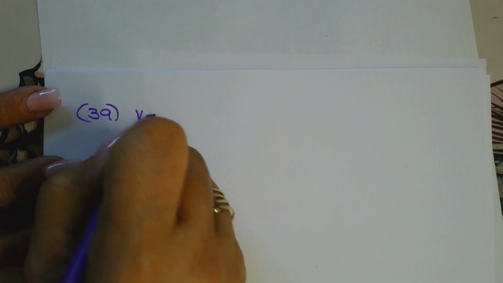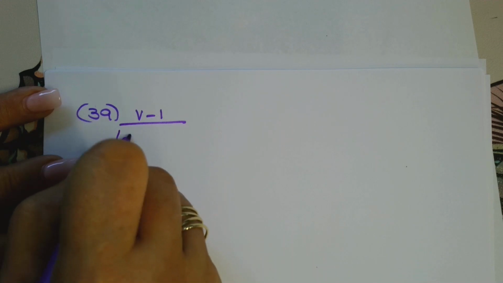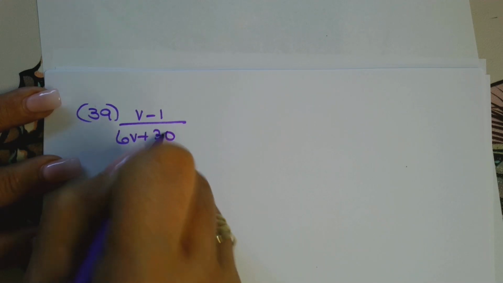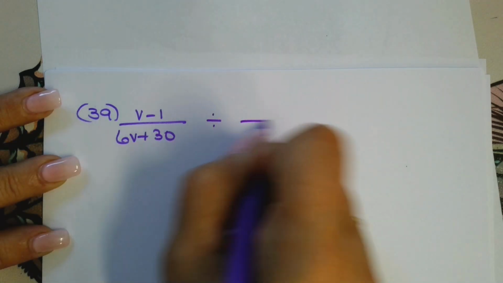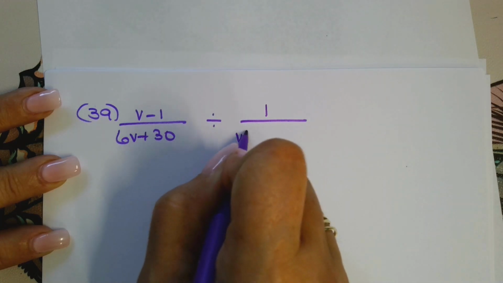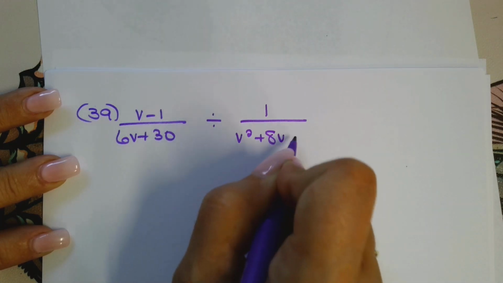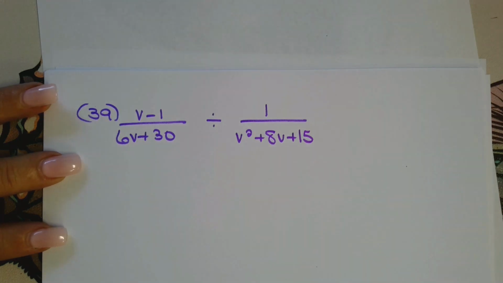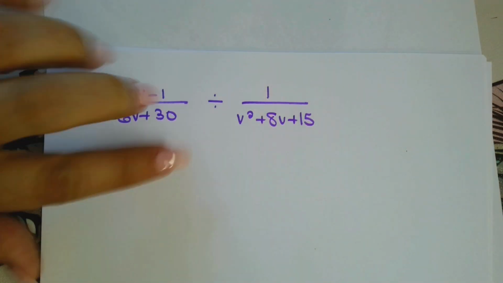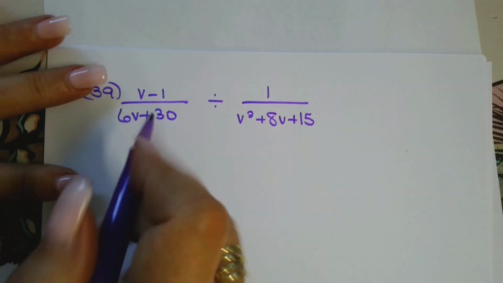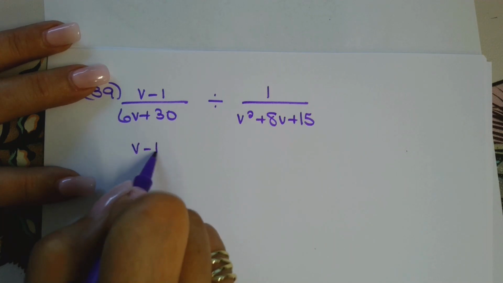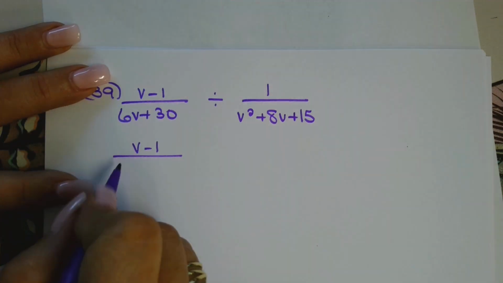Okay, 2 more problems. Number 39. We have v minus 1 over 6v plus 30, and we are dividing that by 1 over v squared plus 8v plus 15. Again, this is one of those where it makes sense to factor everybody before we flip it, so we can see what the exclusions are going to be.